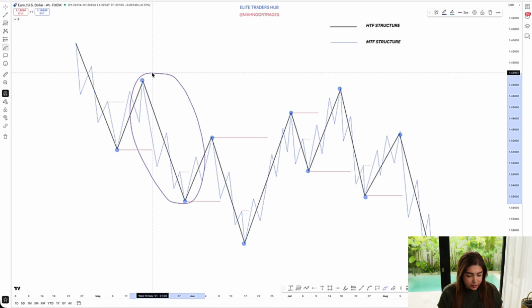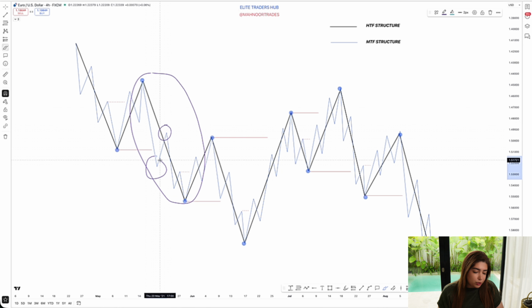But when we drop down to the M15 chart, what do we actually see? We see that there's a full trend playing out. You have lower highs, lower lows, forming internally. And this is important because it helps you understand the relationship between time frames.